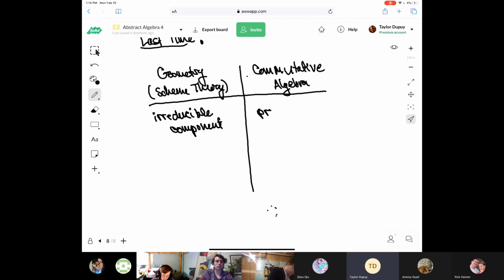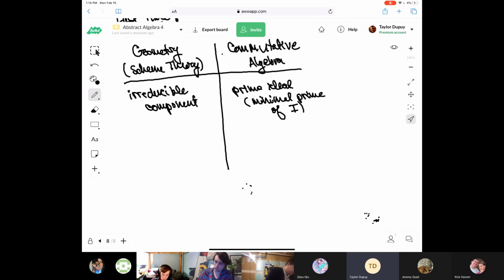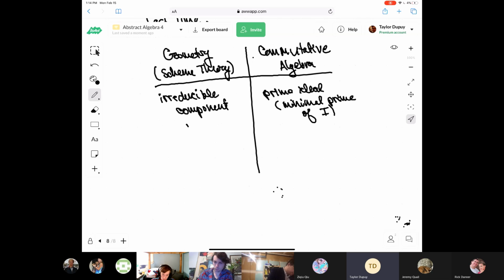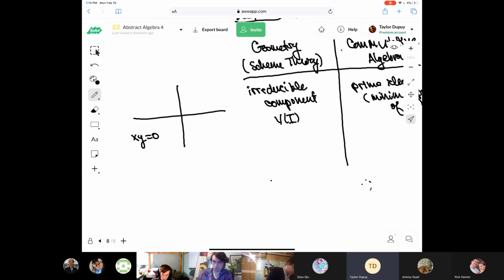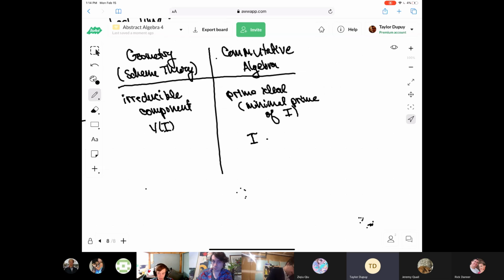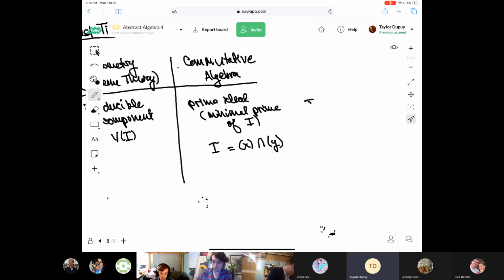This corresponded to a prime ideal, a minimal prime ideal of I. So here, this is what we could call V of I. You could have two things, and this could be xy equal to 0. This corresponds to the fact that I is equal to x intersect y, and here I is the ideal generated by x, y.